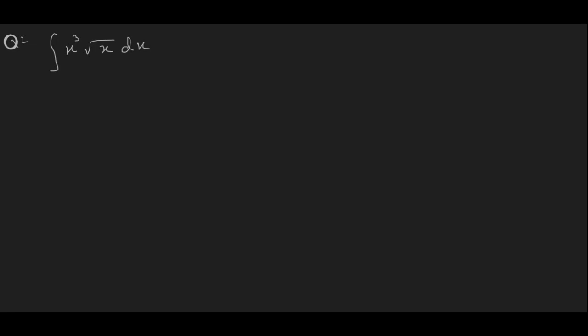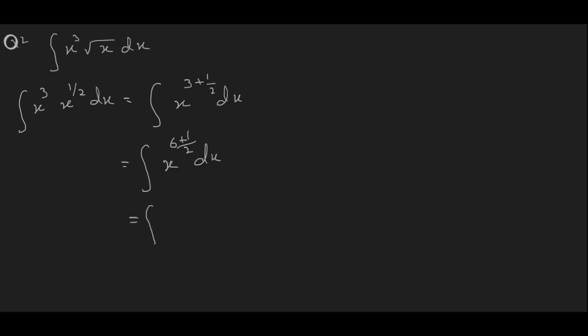First of all, we change the square root to the power 1 by 2 and then add it to the cube, so x raised to power 1 by 2 dx becomes integral x raised to power 3 plus 1 by 2 dx, which is x raised to power 7 by 2, ready for the integration.